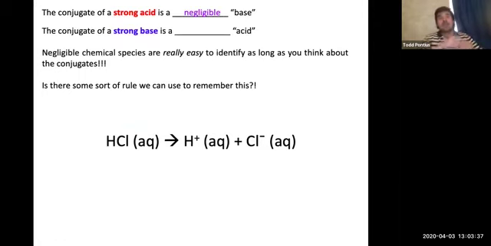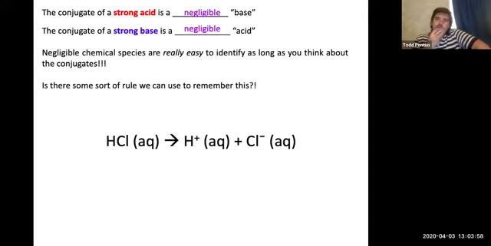Once that acid breaks apart, whatever it turns into isn't going to be able to get a proton back. The conjugate of a strong base is a negligible acid. So these things, once they react, they make their products and they're done.